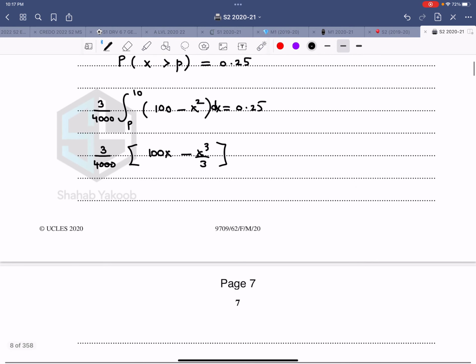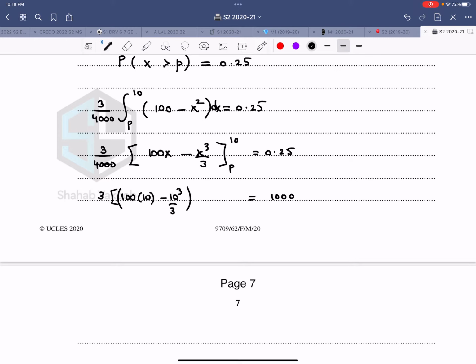So now in this scenario, your lower limit is P, your upper limit is 10, that is 0.25. First of all, let me multiply 0.25 into 4000 and then divide by 3. Should I divide by 3? No use. Leave it as it is. Let it remain as 1000. Let it remain as 3. This is 100 into 10 minus 10 cube over 3.